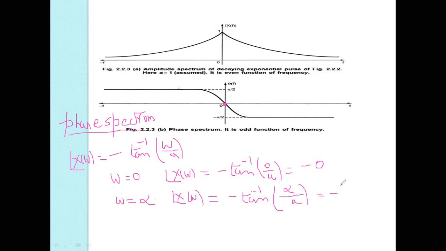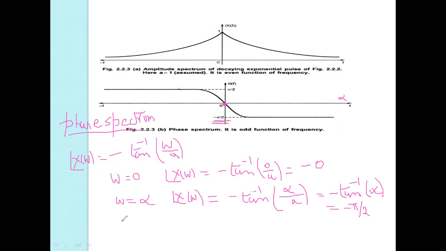That is equal to minus tan inverse infinite. What is minus tan inverse infinite? Tan inverse infinite is pi by 2, so it is minus pi by 2. So for omega is equal to infinite, what is the angle here? Minus pi by 2.